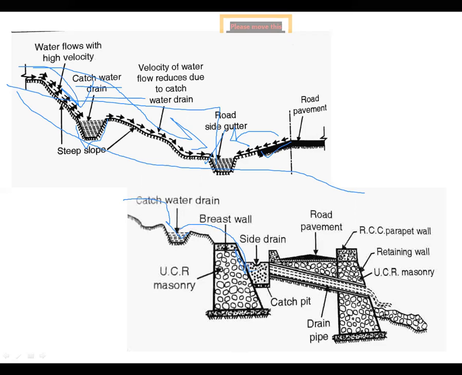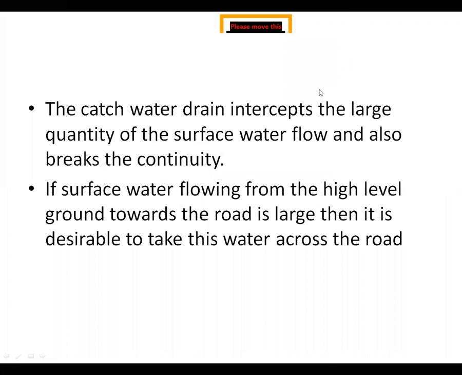An underground pipe is provided to drain the water into the valley. So this is another type of catch water drain system.